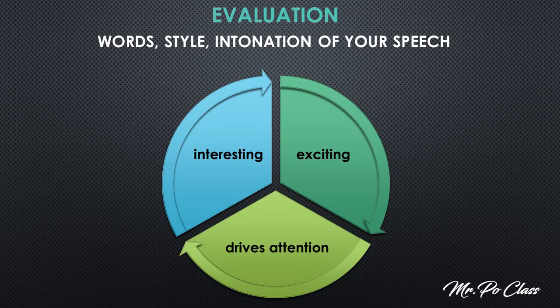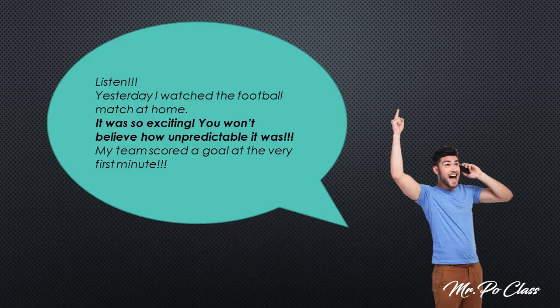Evaluation are words and stylistic effects that make a story more interesting, more exciting, colorful, and draw listeners' attention to certain details. For example, listen, yesterday I was watching the football match at home. It was so exciting. You won't believe how unpredictable it was. My team scored a goal at the very first minute. Take a look at line number 3.